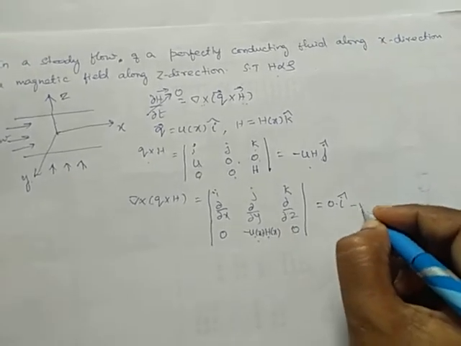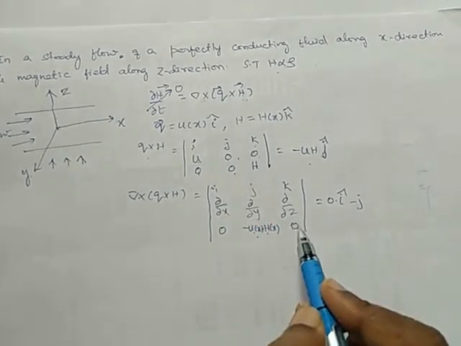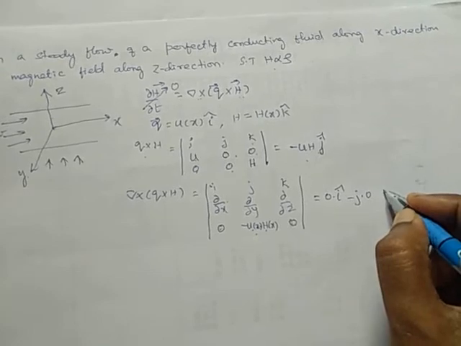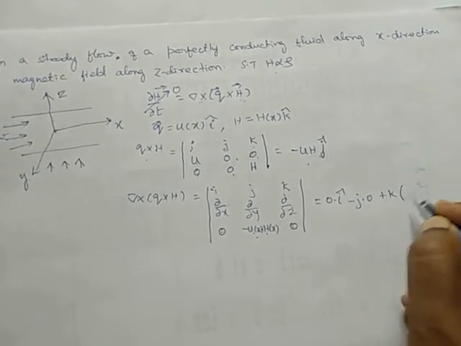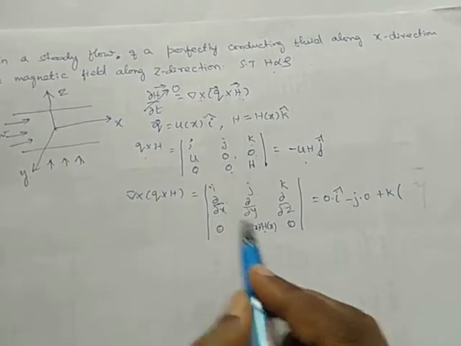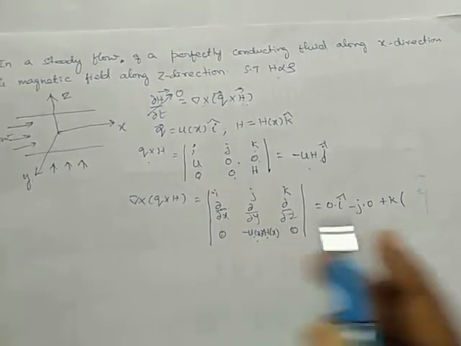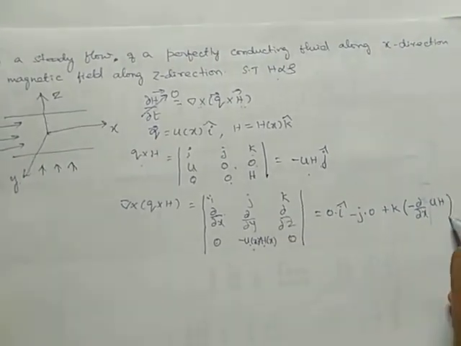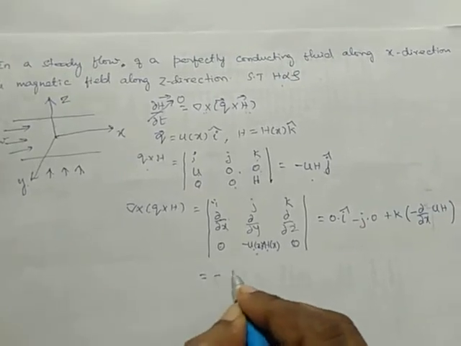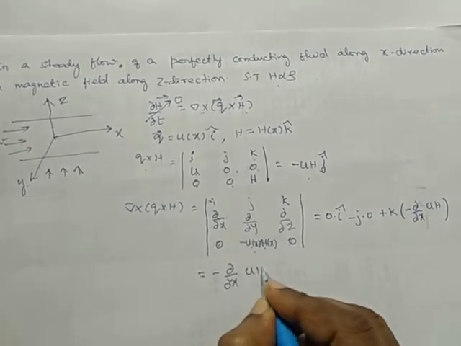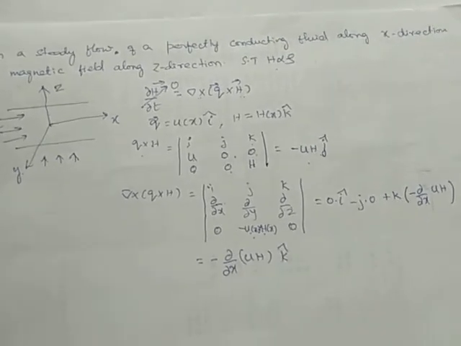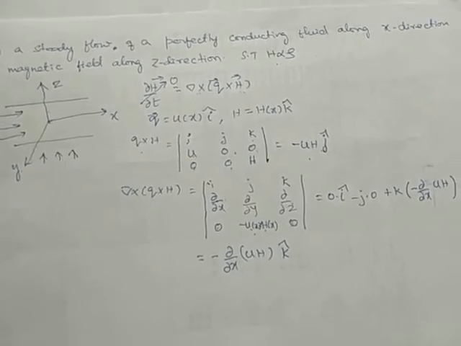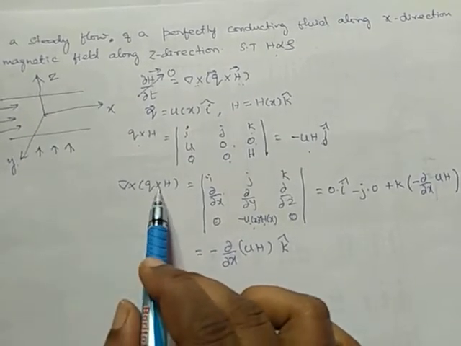For the j term, we have differentiation of 0 and differentiation of 0. For the k term, we have differentiation of u and H with respect to x, and differentiation of 0. So the curl of Q cross H is minus dou by dou x of uH, in the k direction.